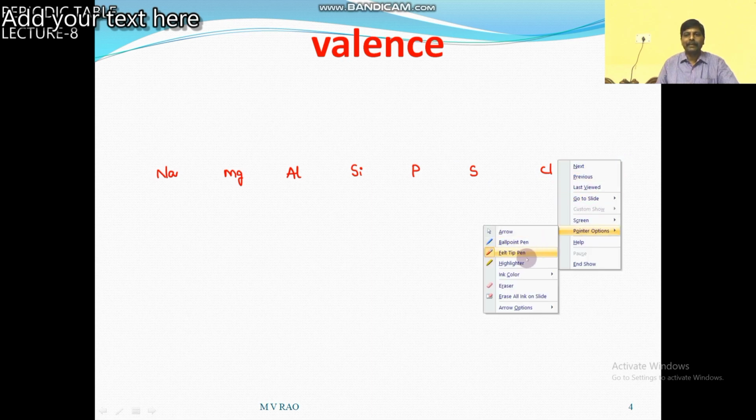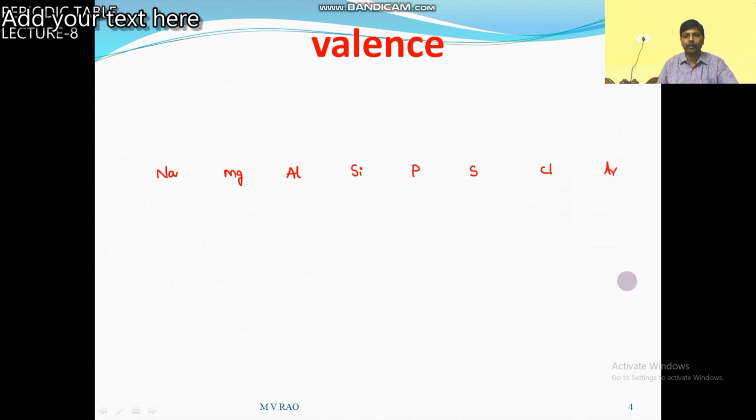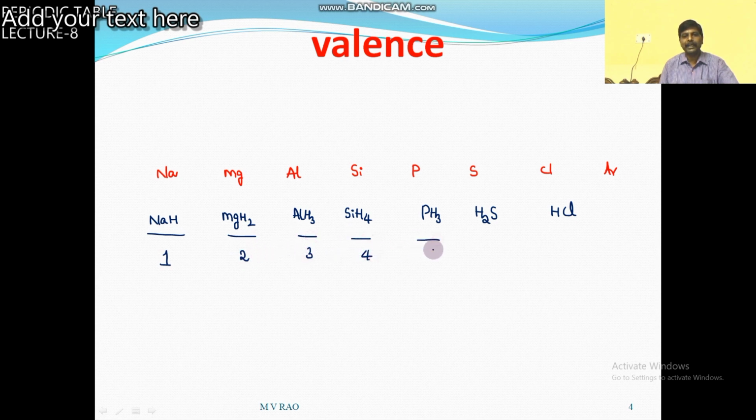To calculate the valency, first I will take the reference element hydrogen. The formulas of the hydrides are NaH, MgH2, AlH3, SiH4, PH3, H2S, HCl. Here how many hydrogens are there? 1. Here 2. Here 3. Here 4. 3. 2. 1.